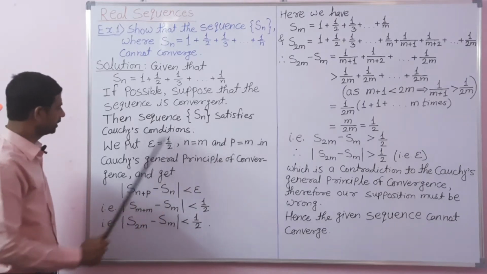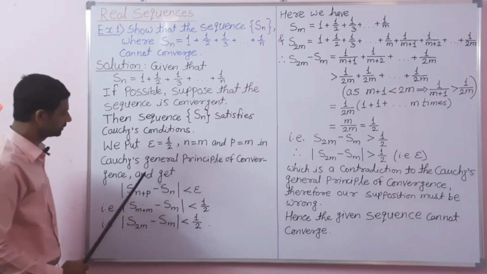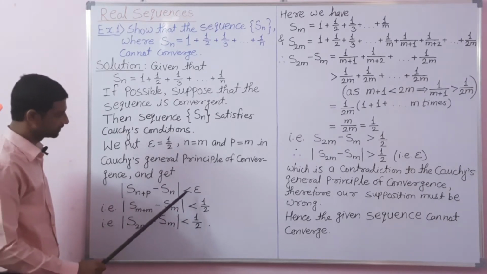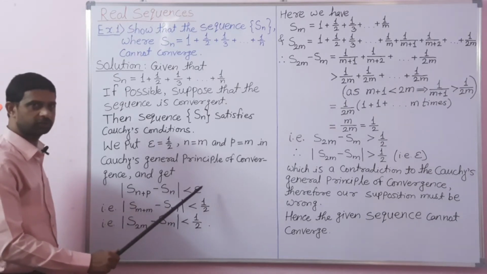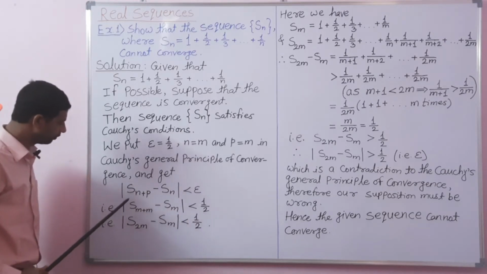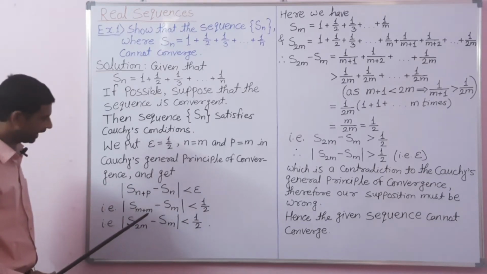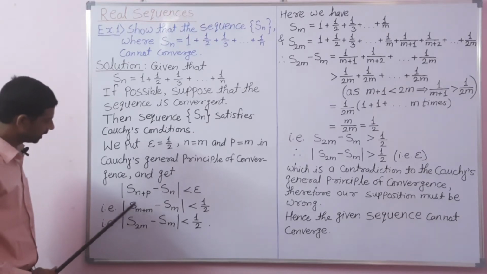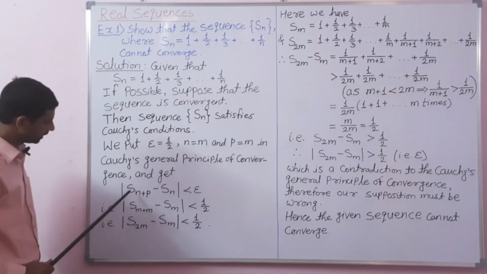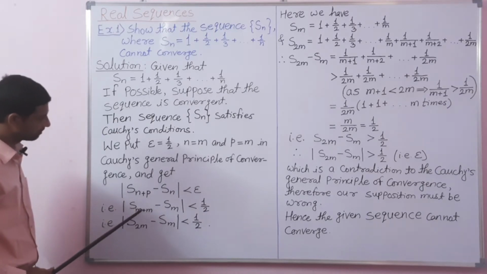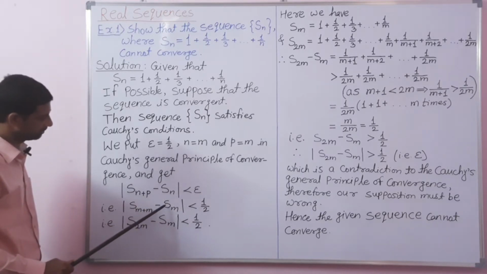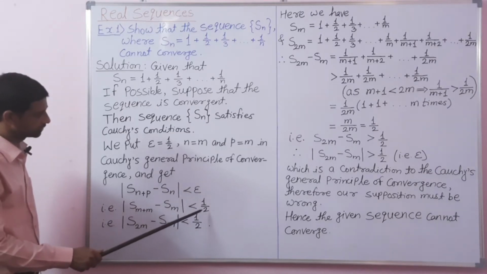We will take the particular value of n as m as well as the particular value of p as m. Then from the Cauchy general principle of convergence, we will get mod of Sn plus p minus Sn less than epsilon. Let us see how it becomes. In this example, for n and p we are putting m, so mod Sn plus p becomes mod S m plus m minus Sn, for which n is m, so it becomes Sm, and for epsilon we are substituting 1 by 2.